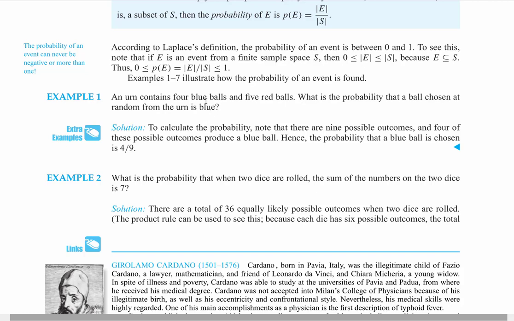So the probability of getting a blue one is 4 divided by 9. So it's more likely you'll get a red one, that has probability 5 over 9. So slightly less than 50-50 to get a blue one.